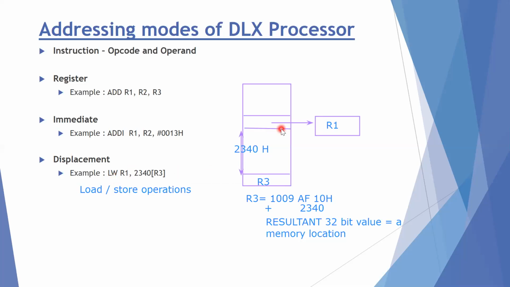For this instruction, how many locations of memory will be accessed consecutively? 3. Including this one 4, and above this one 3, right? Only then it will make 32 bits. One location is 1 byte, so 8 times 4 is 32. So 2340, 2341, 2342 and 2343, the data of four locations will be picked up and loaded into R1 in big endian mode. We will also do this in detail in the coming time when we reach this instruction.